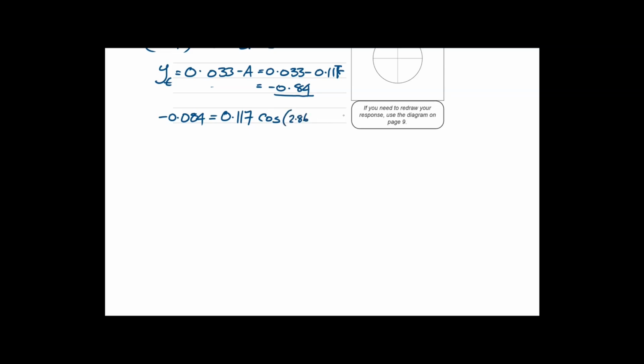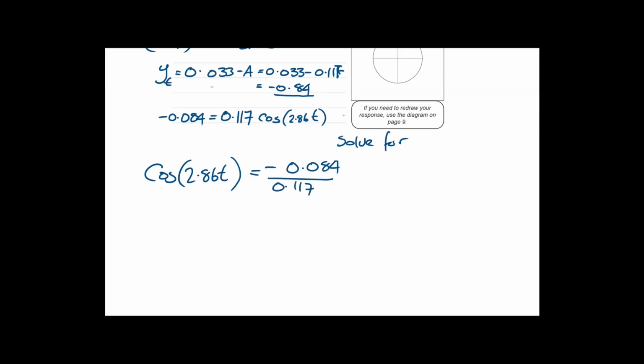So 2.86 times time. And we want to solve for time. So let's do everything sort of above board. So cos 2.86t, and we're going to divide both sides over, must be equal to 0.084 divided by the 0.117.